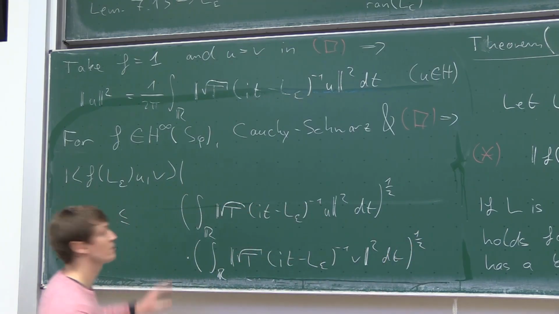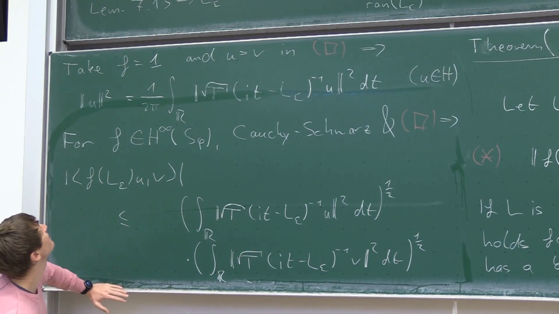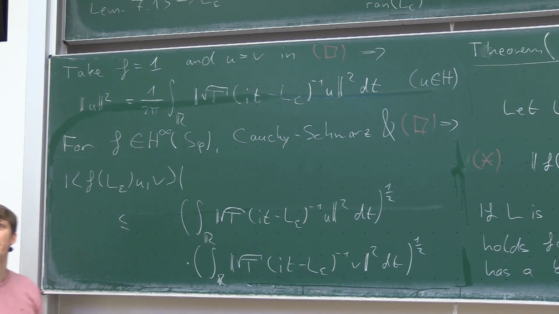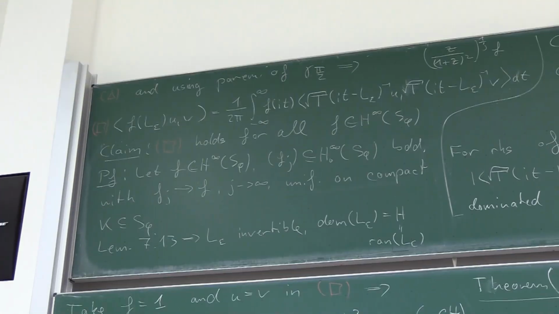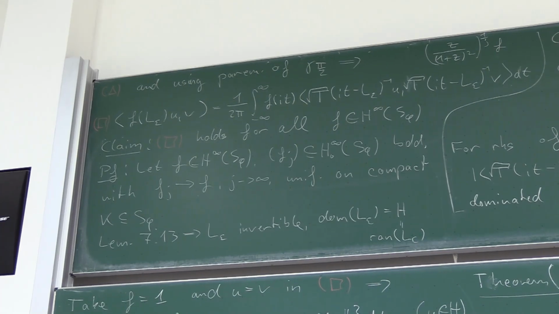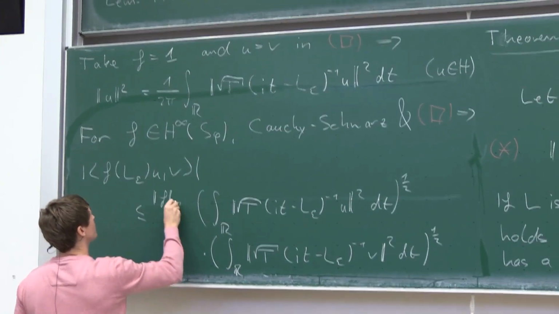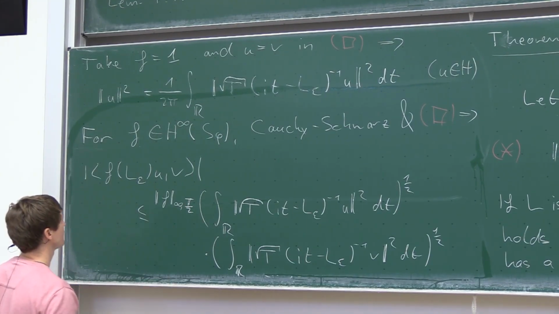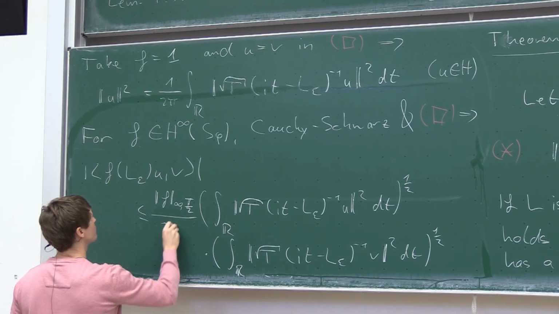Okay, and what I missed now is the 1 over 2 pi and the norm of f. Because we don't need the decay of f for the integration anymore, we can take it out by the supremum norm. So I add here at the front of everything the supremum norm of f on the sector with angle pi over 2 and divided by 2 pi.